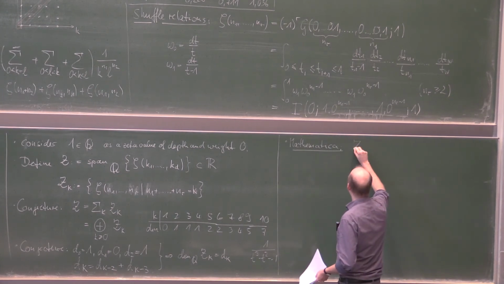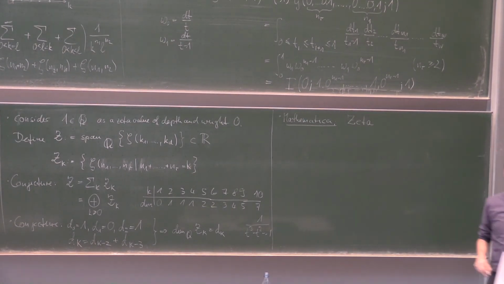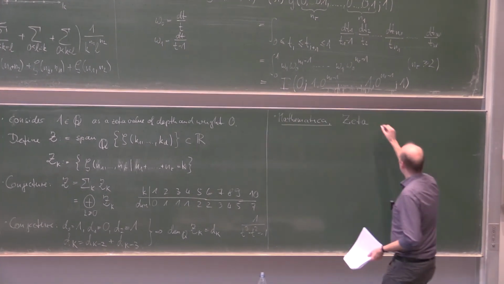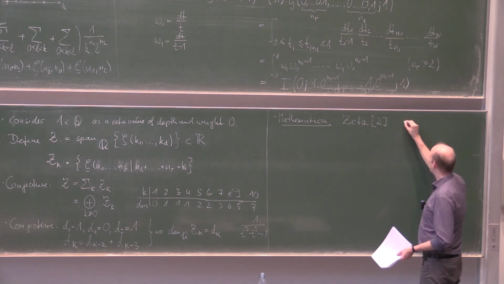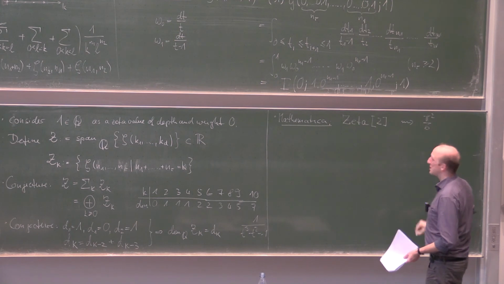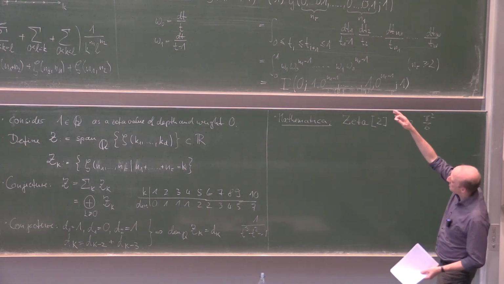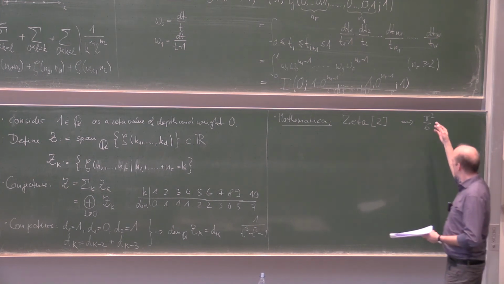So Zeta, and that's supposed to be a computer font, is the Riemann zeta function, and right away if you type in Zeta of 2 into Mathematica, it will deliver pi squared over 6, so it knows about Euler's relation, and describes everything in terms of powers of pi.